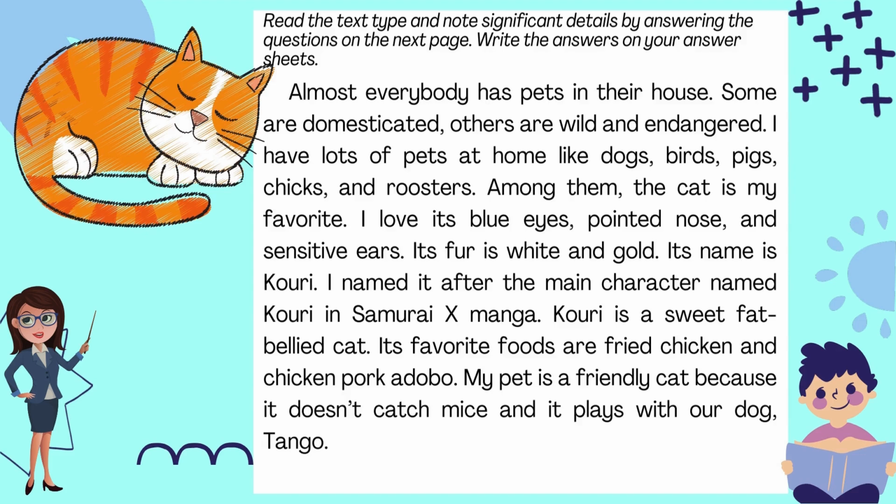Its fur is white and gold. Its name is Kaori. I named it after the main character named Kaori in Samurai X manga. Kaori is a sweet, fat-bellied cat. Its favorite foods are fried chicken and chicken pork adobo. My pet is a friendly cat because it doesn't catch mice and it plays with our dog, Tango.